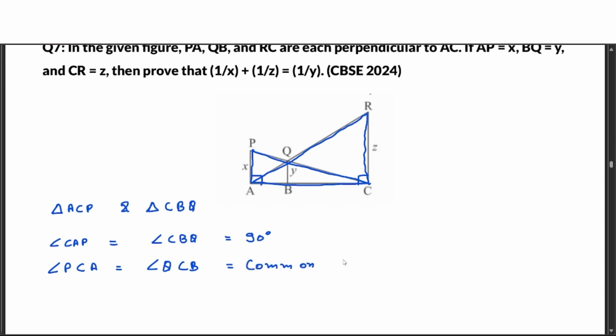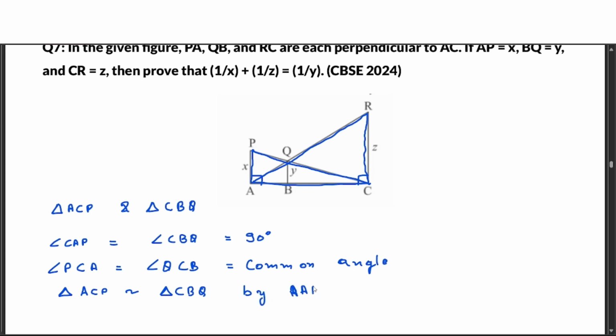So these two triangles have two angles equal. Therefore triangle ACP is similar to triangle CBQ by triple A criteria.